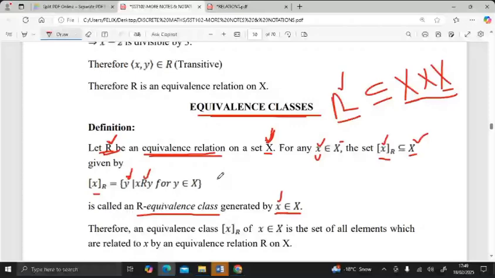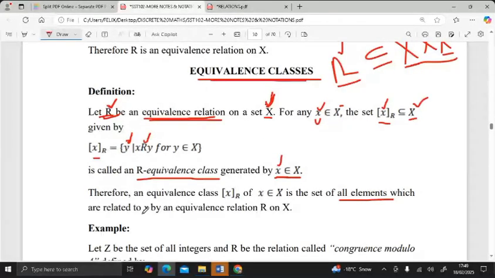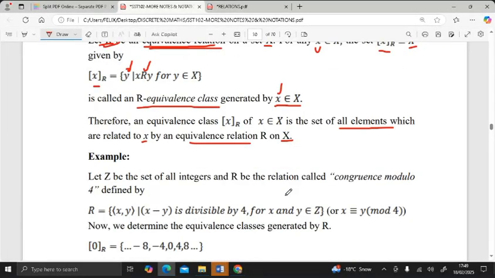And this class is also called the R equivalence class generated by X, generated by one member of X, you see. Now, if that is the case, then an equivalence class is the set of all elements which are related to X by an equivalence relation R on X.